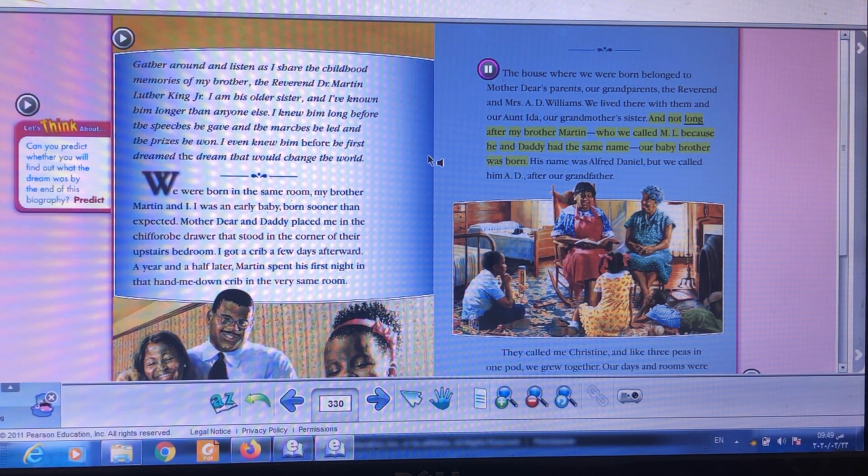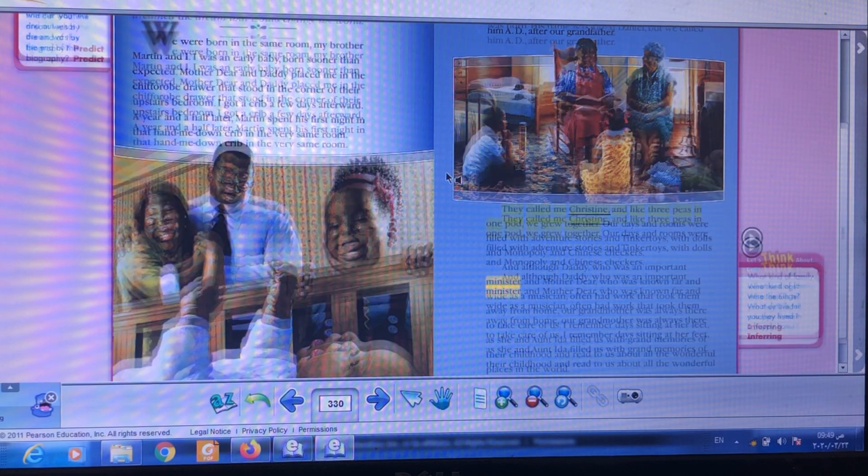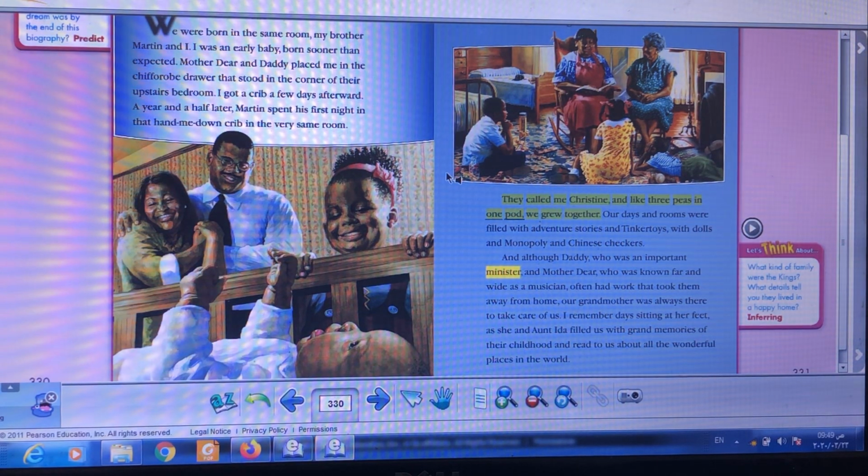And not long after my brother Martin, who we called ML because he and Daddy had the same name, our baby brother was born. His name was Alfred Daniel, but we called him A.D. after our grandfather. They called me Christine, and like three peas in one pod, we grew together.